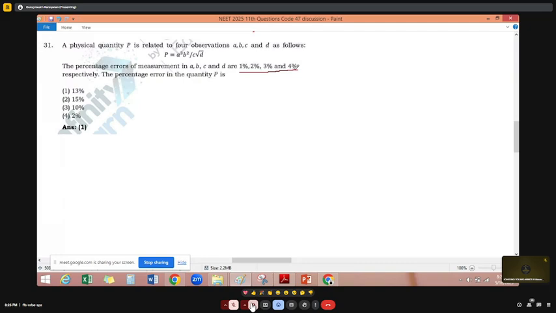The percentage error in the quantity P is, so P is equal to A cube B squared divided by C square root of D. In this problem, it's not very clear to me whether they meant it like this or root D is divided here, or is it in the numerator or denominator? It's not very clear in this question. If it is in the denominator, they should put some bracket, but okay, doesn't matter for this topic.